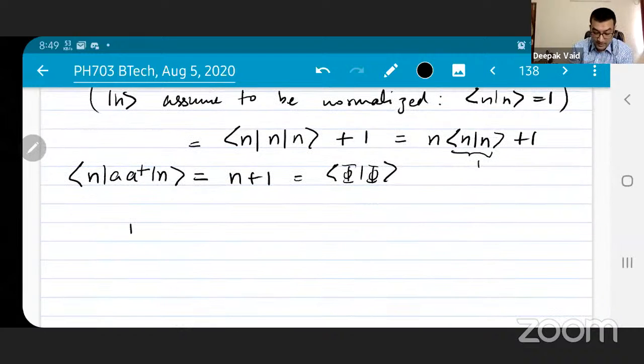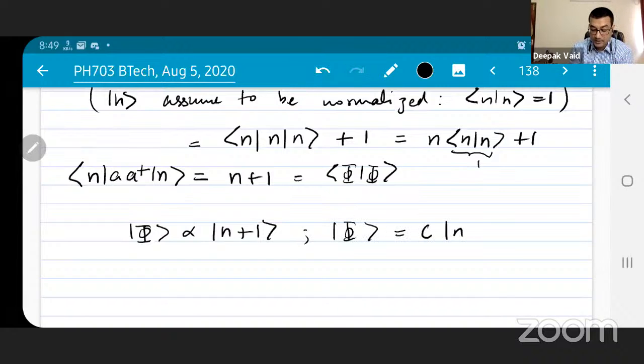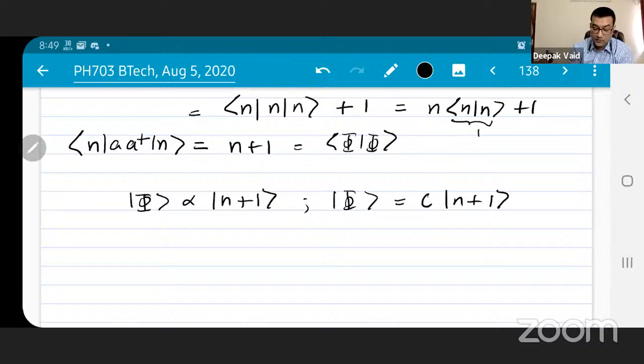And remember that I said that phi is proportional to ket n plus 1. So phi is equal to some constant c times ket n plus 1, and |n+1⟩ is a normalized state. So what should be the value of c? Anybody?